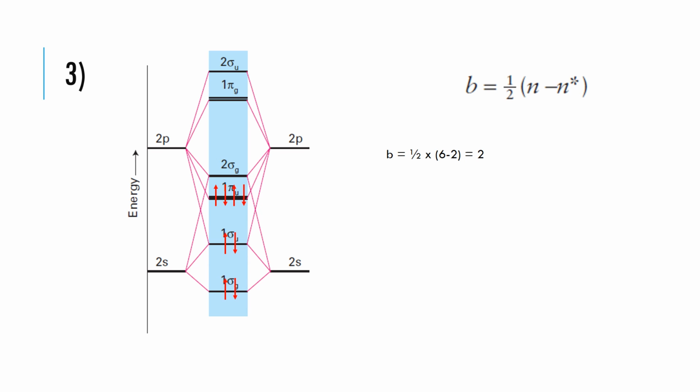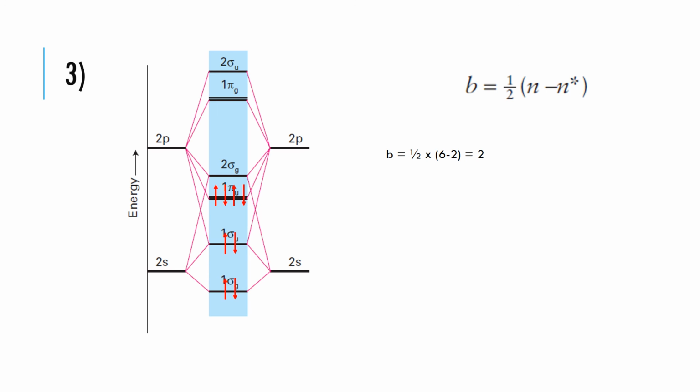Now, this question asked you to draw and label a molecular orbital energy level diagram for the gaseous molecule dicarbon, and it then asked you to show the electron configuration for this system. And the astute among you would have looked back in this presentation to when we were talking about homonuclear diatomics, and you know that the arrangement of these molecular orbitals is exactly the same from lithium through to nitrogen.